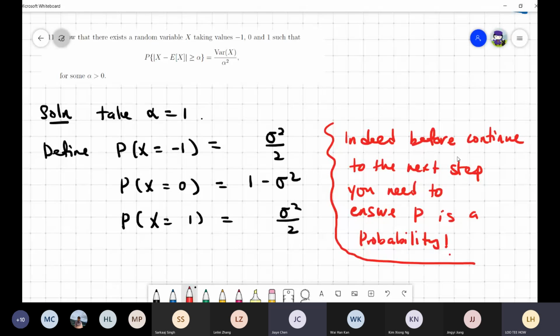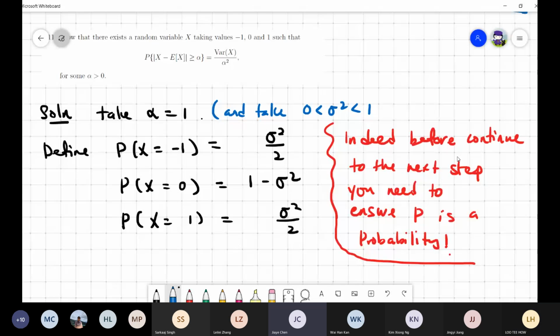What we can do is always assume this sigma square is less than or equal to 1. We take alpha to be 1, and we also take sigma between 0 and 1. Maybe we can also take it greater than 0.